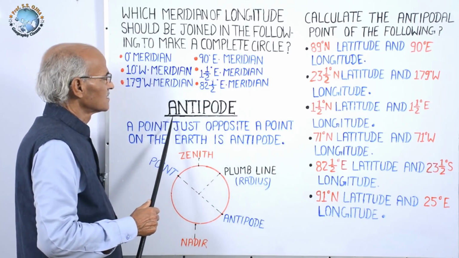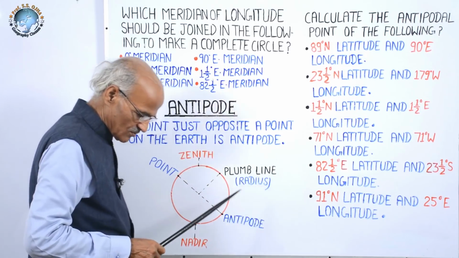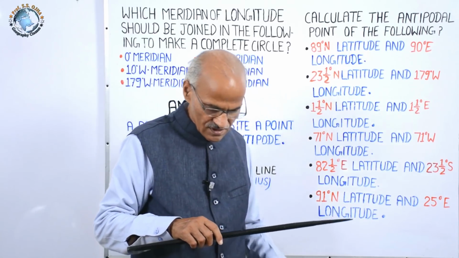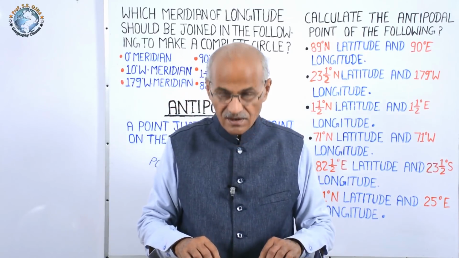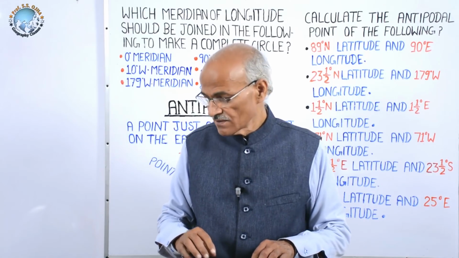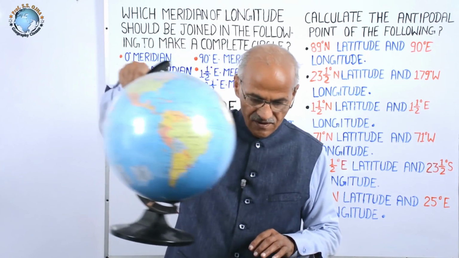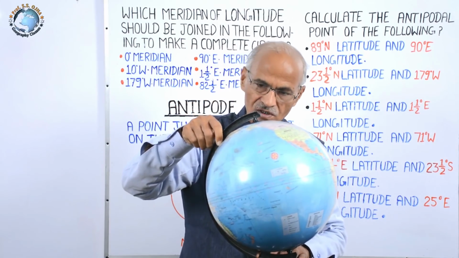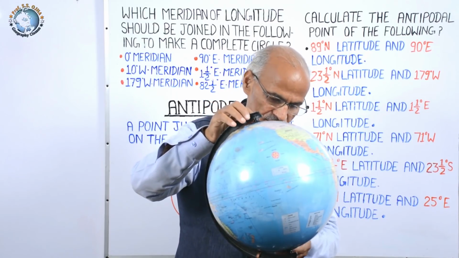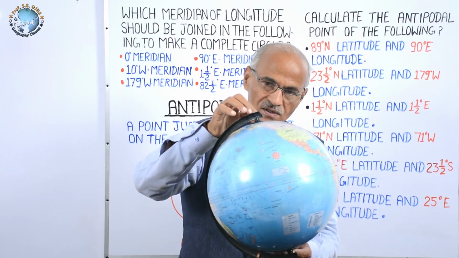Now there is the concept of antipode. Let us understand what is antipode. Antipode is a point on the surface of the earth just opposite a particular point. Suppose this is the geographical North Pole, and this is the geographical South Pole. Both are antipodal.